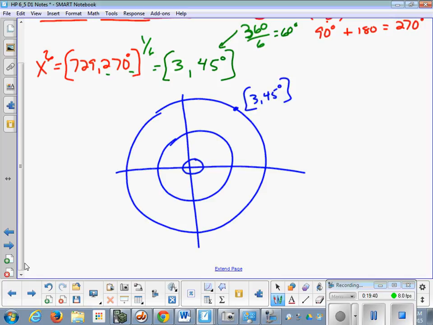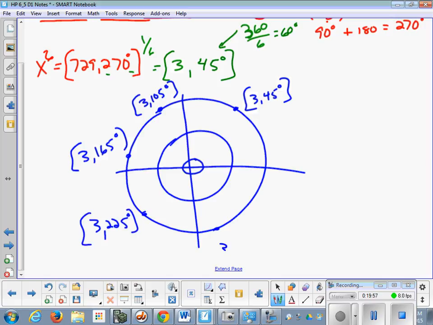Now I'm going to go 60 degrees, so that puts me at 105, 165, 225, 285, and 345. All right, here is a perfect hexagon.